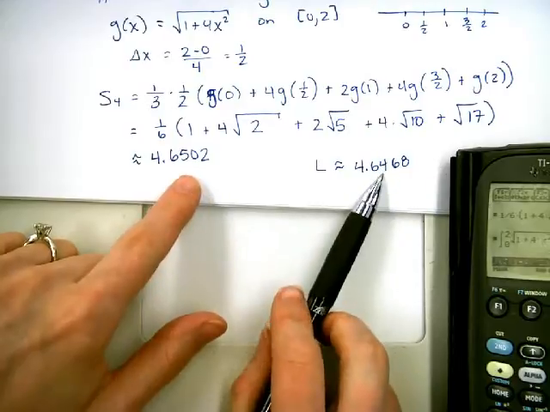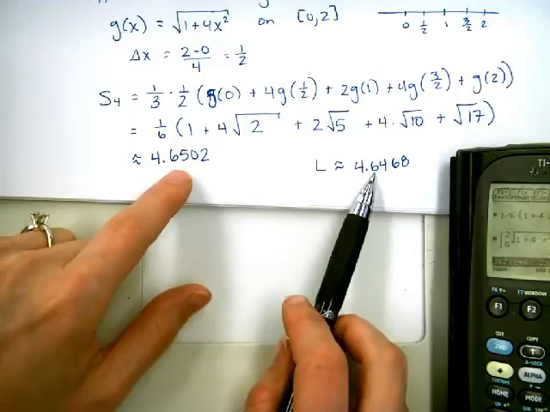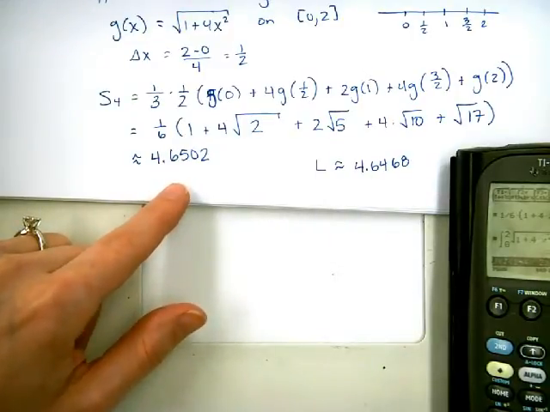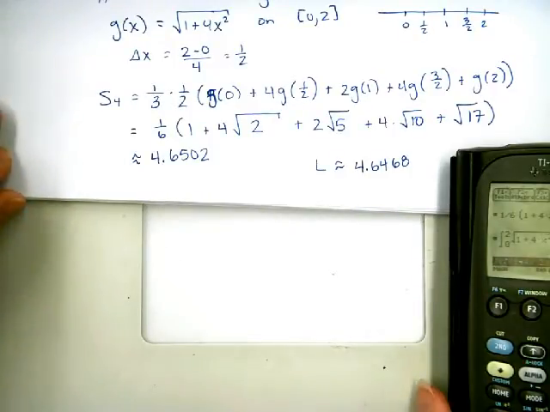Okay, so using 4 Simpson's it got us accurate to only a tenth, but if we wanted more accuracy, we could use more subintervals.